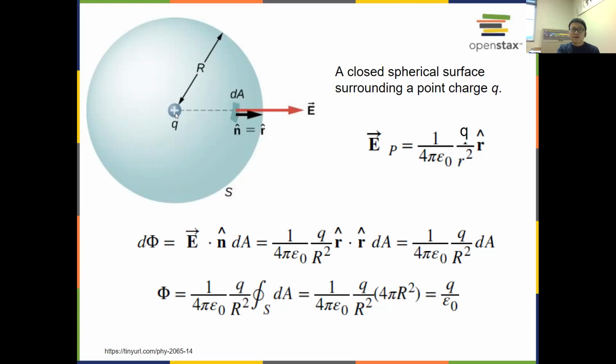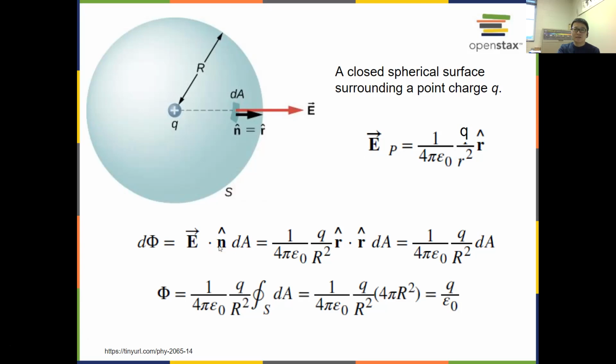The electric field from the point charge we can calculate. Because this is a point charge, it will be k, which is 1 over 4 pi epsilon naught, times Q over R squared, where R is capital R because that's the distance from the charge to the point of interest, times the radial unit vector r hat. So the flux through this small area is E at this particular point dotted with the normal direction times dA.